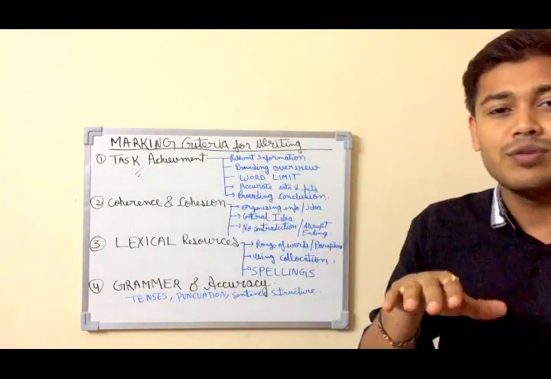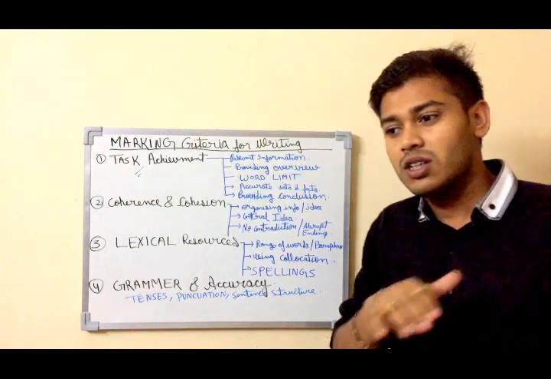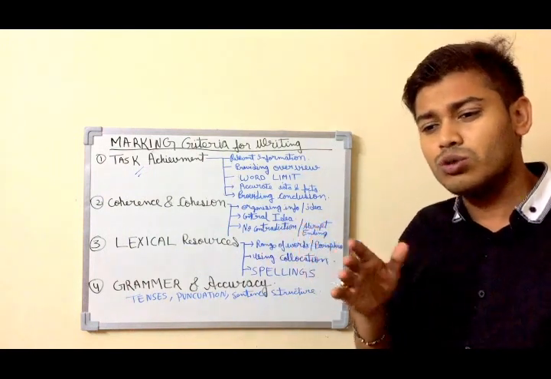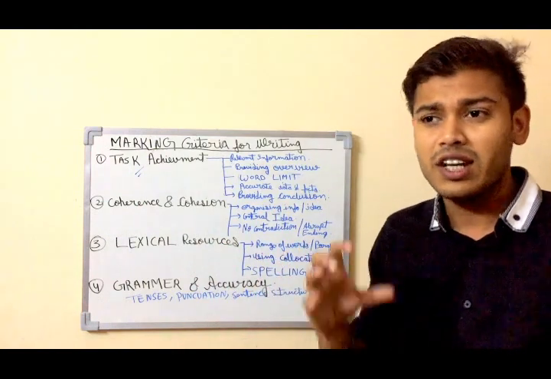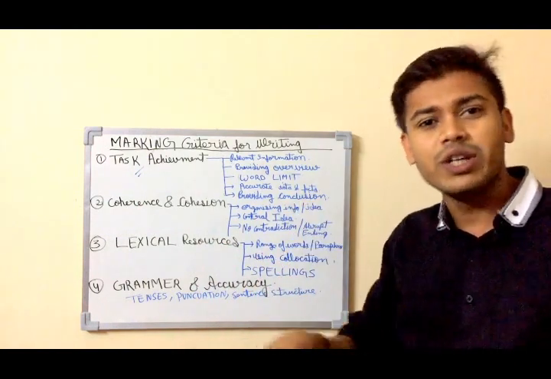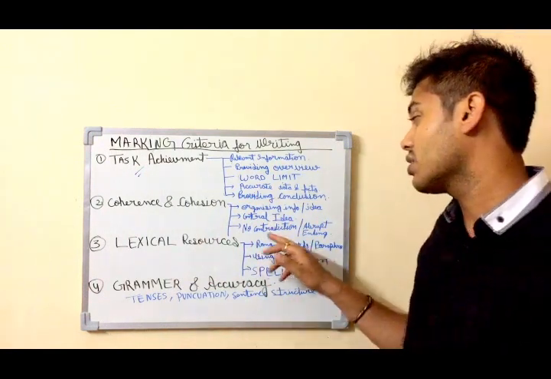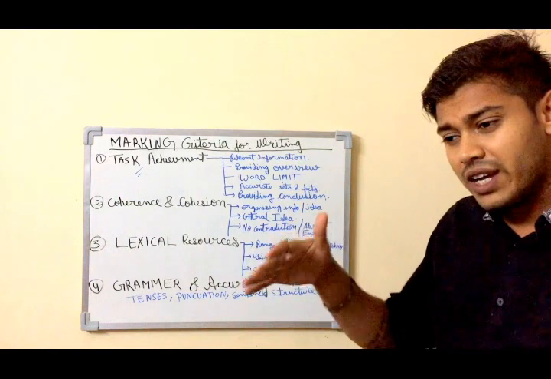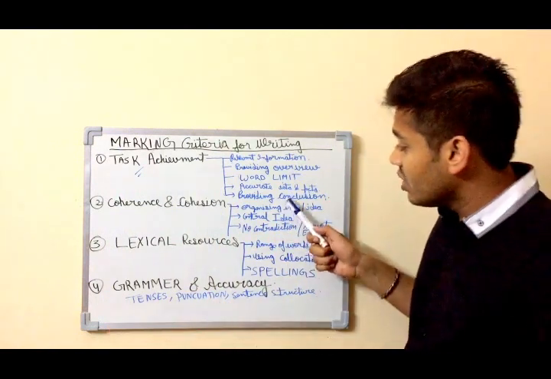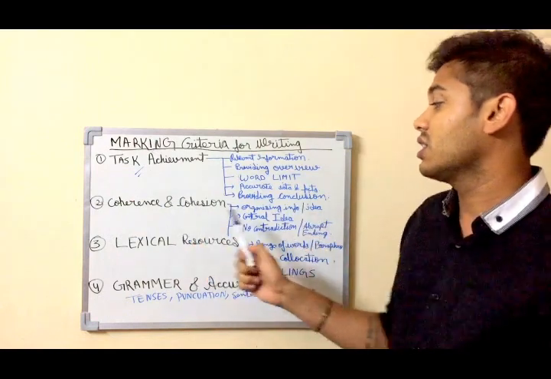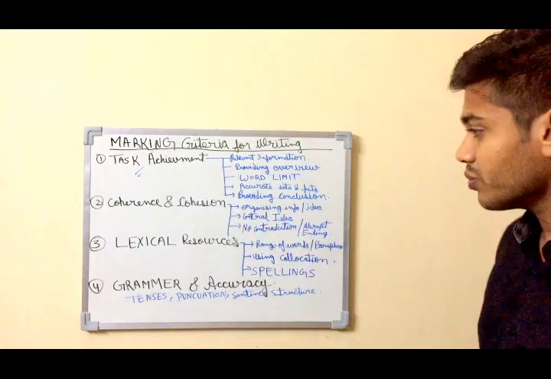Means the second line is in synchronization with the previous line, because if you use two lines which don't have any connection, then it will be very abrupt, it won't be easy going. So in that case you might lose marks. So what you do is you try to make everything in a synchronized manner. So when you include these three things, these things come under the second point, coherence and cohesion.